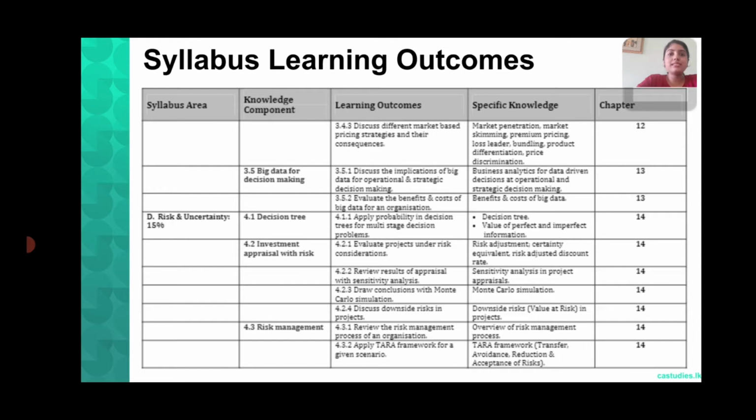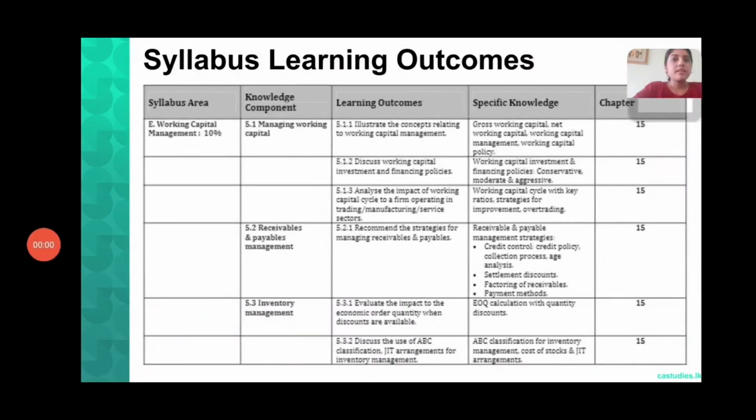Alright, let's see what's next. Then we have section E, which is working capital management, amounting to 10%. So this is the last chapter, which is chapter 15, but it also has several learning outcomes. Okay, the knowledge components here are managing working capital, receivables and payables management, and inventory management.